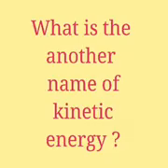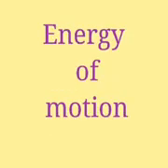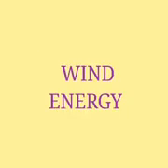Mechanical energy can bring a moving body to rest and make a body at rest to move. Okay, now I ask question about mechanical energy. What is the another name of kinetic energy? Yes, energy of motion.